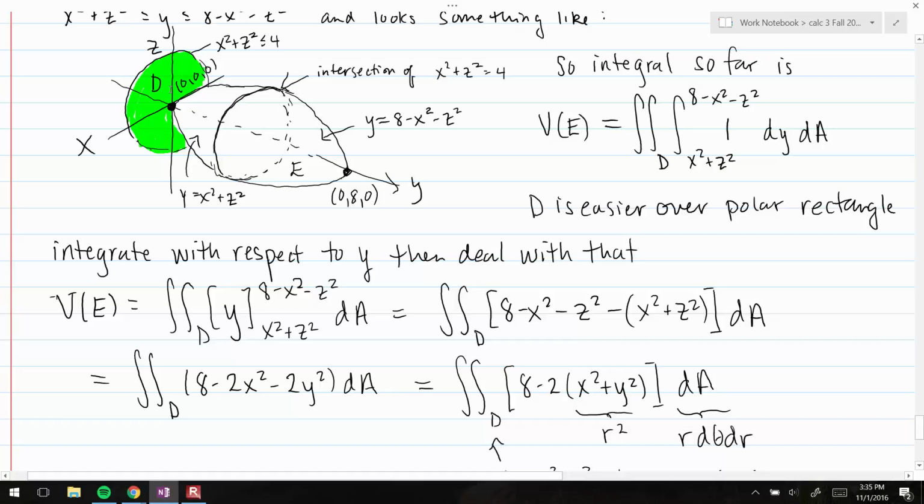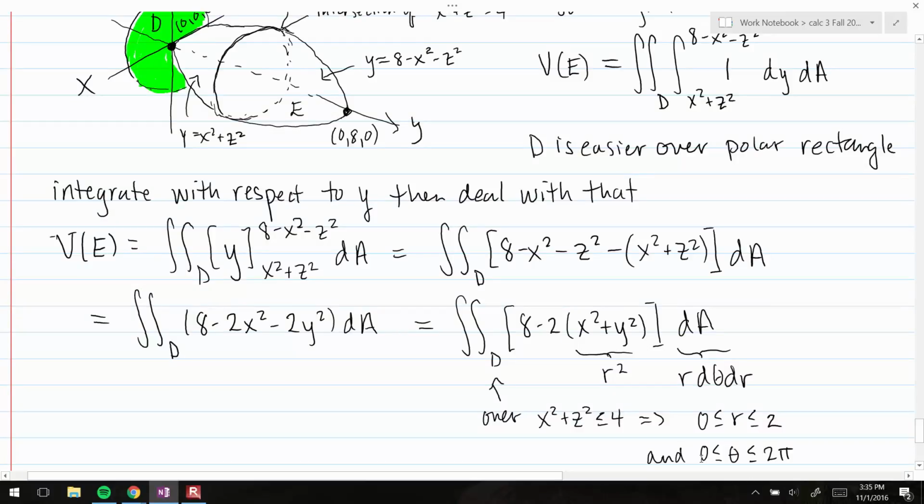Let's now focus on our domain that's shown in green on the xz plane. We still have to integrate with respect to x and z, but it would be easier to do in polar, just like the last example. Our domain is a circle, x squared plus z squared is less than or equal to 4, so it's a radius of 2.